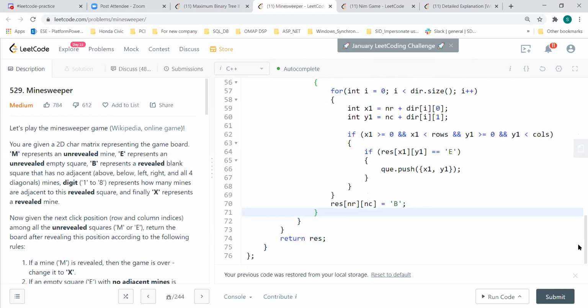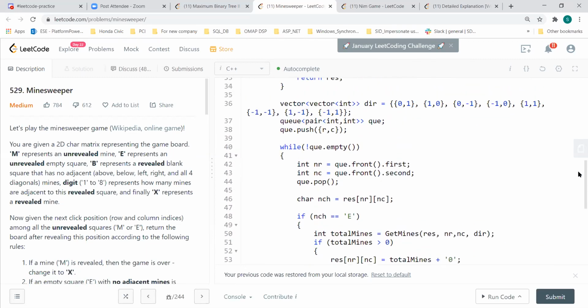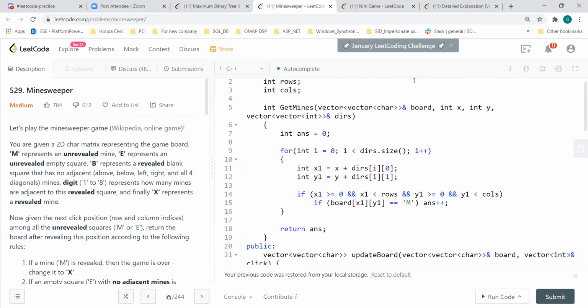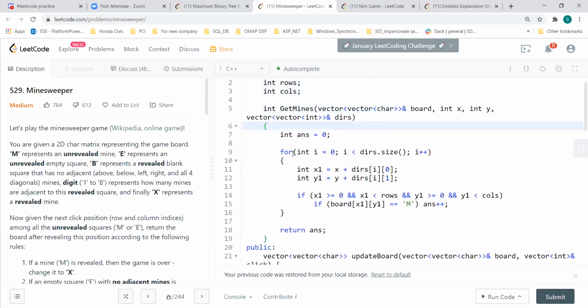And if you see, the getMines function is very simple. It's the same thing again. You go through all these directions and get the coordinates for each and every neighbor. If they are valid, and if I find an M at any of those locations, I keep incrementing my count and then return that value.